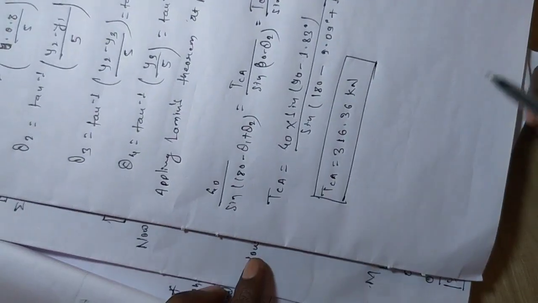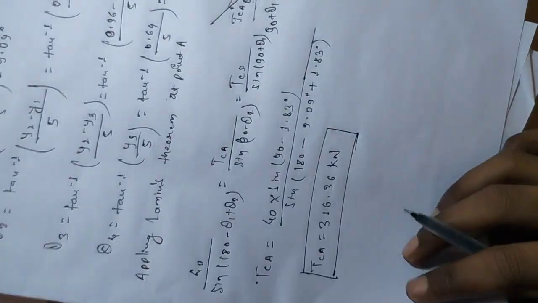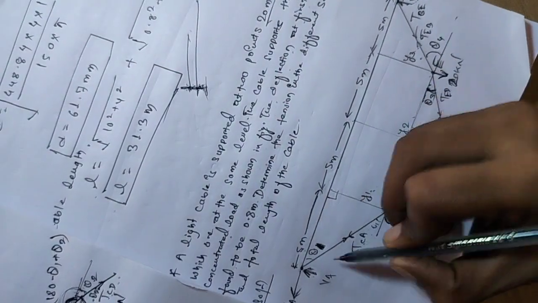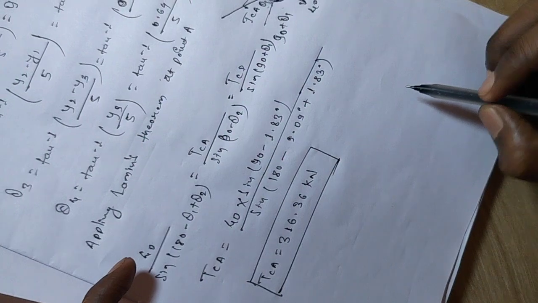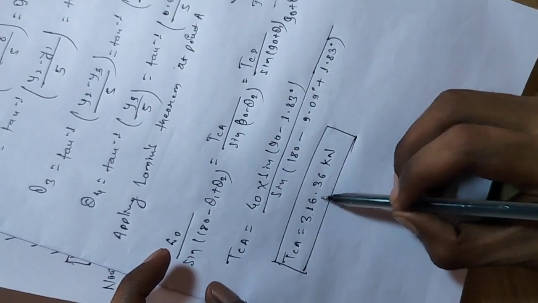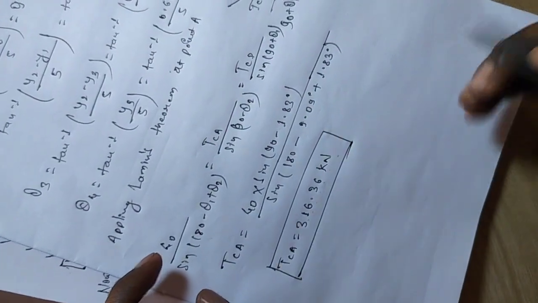Here we got the tension on the cable AB, that is TCA, which is equal to TAC, that is 316.36 kilonewton.